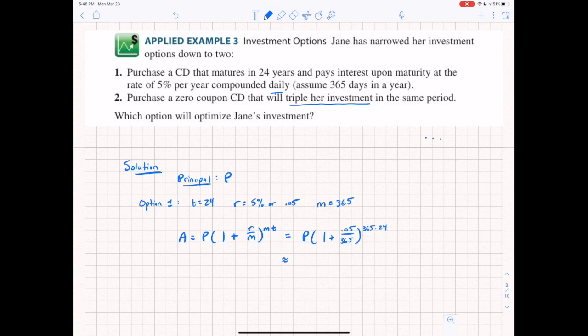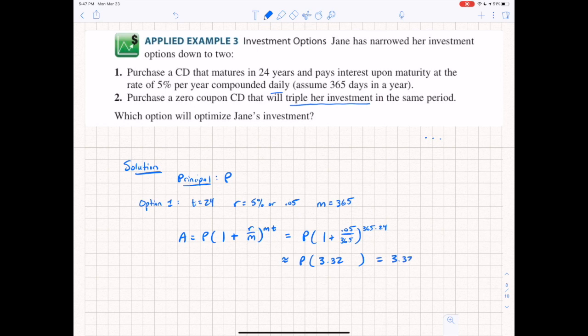Using a calculator, this ends up being P times roughly 3.32.